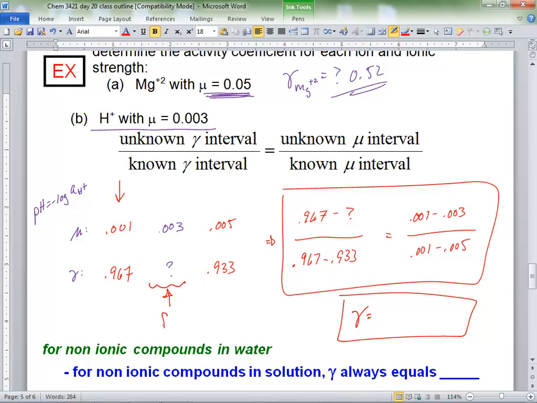Does it fit? It needs to fit. That's what I got. I got 0.952. Did you get 0.95? You should be getting 0.95, and it fits.